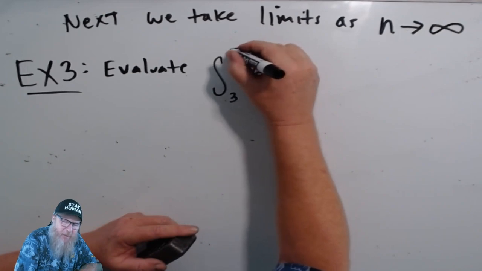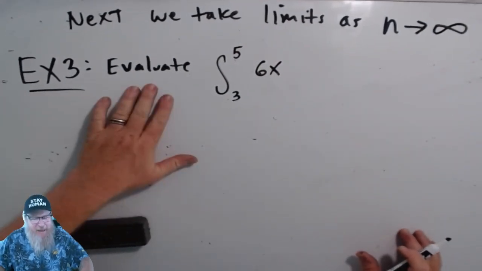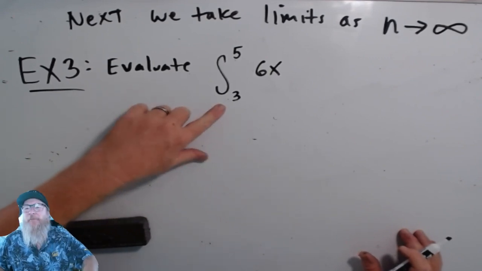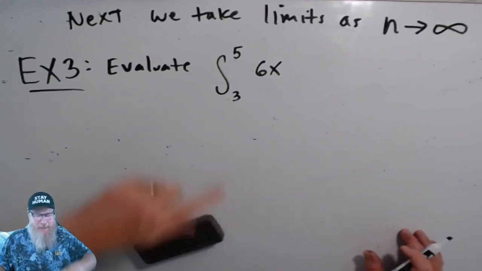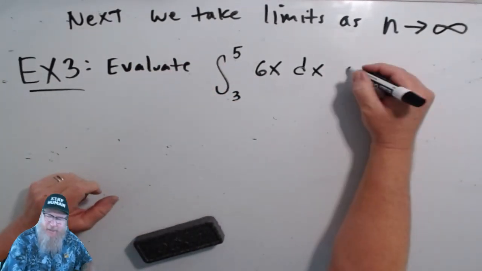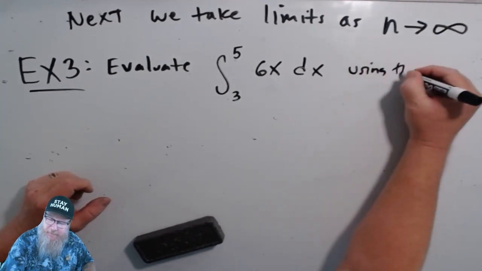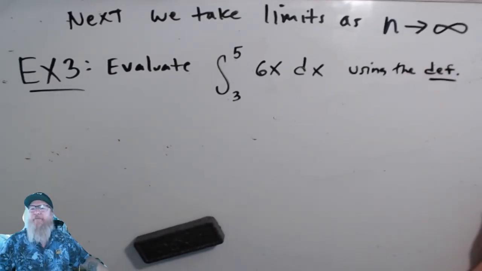I'm mixing up two problems in my notes, so start over again. Example 3. Evaluate the definite integral from 3 to 5. The -2 to 4 is coming soon. From 3 to 5 of 6x dx using the definition. I'll just say def.